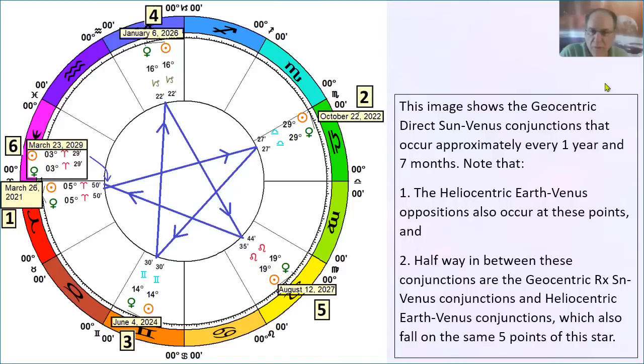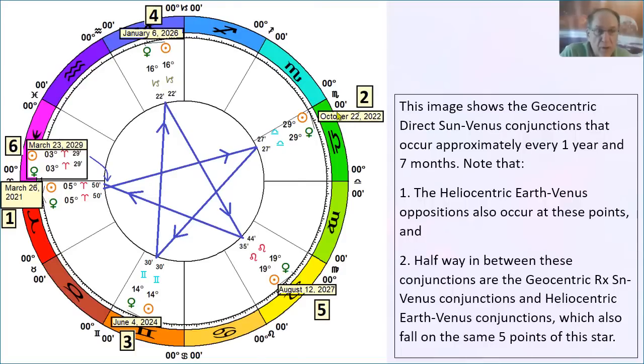And this is what it looks like in a chart wheel. On the left, I've put in here on March 26, 2021, a Sun-Venus conjunction at 5 Aries 50. Go 144 degrees earlier. Now this is where the beauty of this sacred geometry gets really interesting. You go 144 degrees earlier and you'll get to the next direct one.